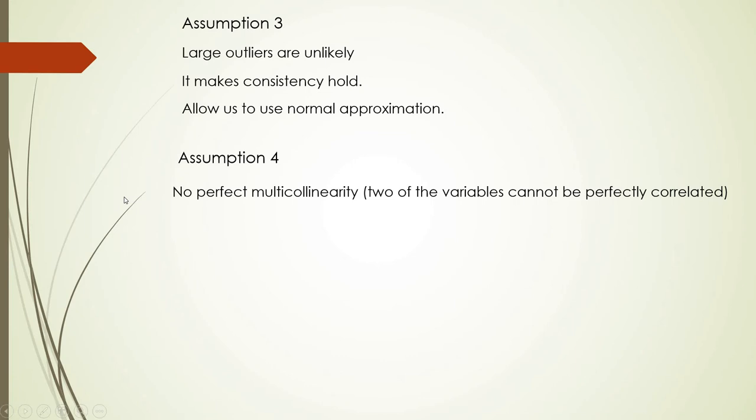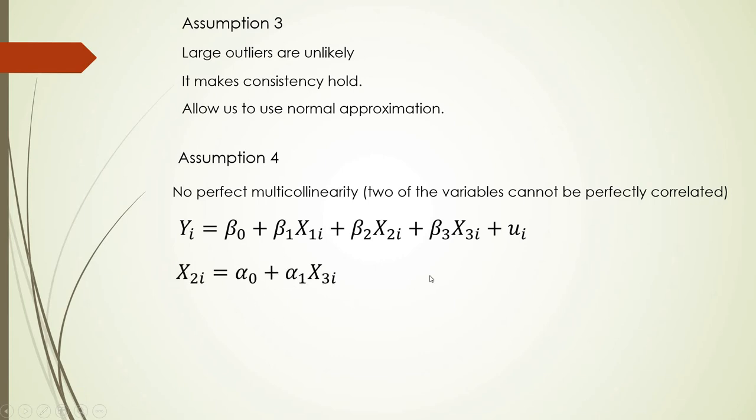The new assumption in the multivariate model is that there cannot be the case of perfect multicollinearity in our data, that two or more of our independent variables cannot be perfectly correlated. What does that mean? So if we have a model with three independent variables, and for example, if we can express x2 from the variable x3, we have a perfect multicollinearity between these two variables.